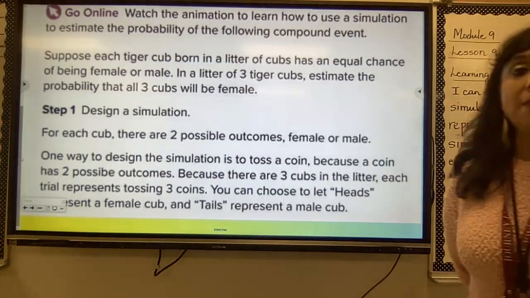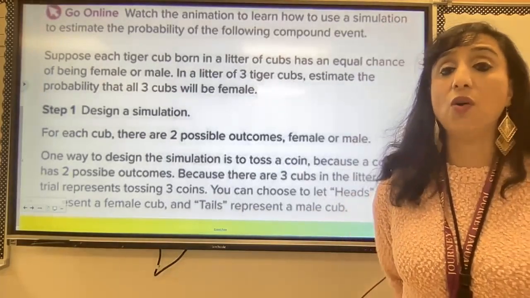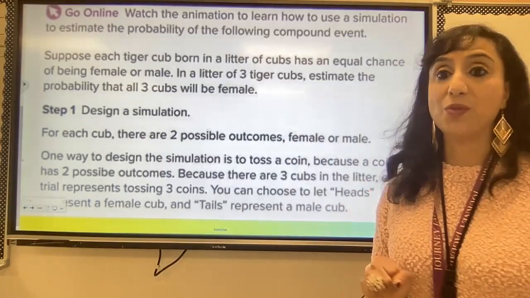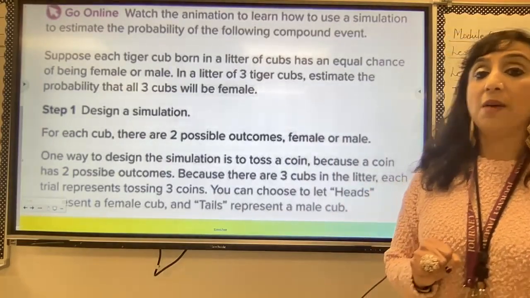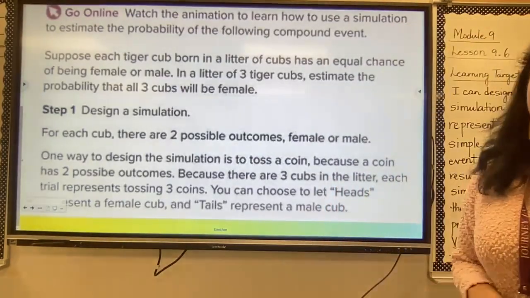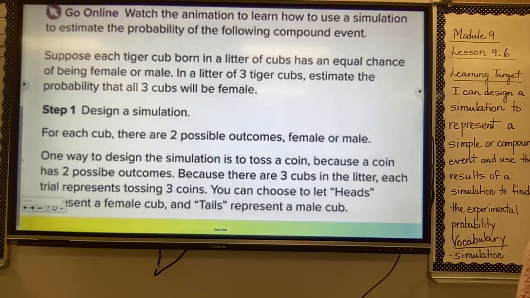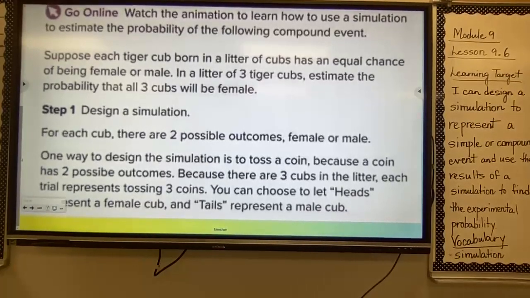For each cub, there are 2 possible outcomes: you can have female or you can have a male. Since it's just 2 options, the best way to design a simulation is to toss a coin, because a coin has 2 possible outcomes. Because there are 3 cubs in the litter, each trial represents tossing 3 coins. You can choose to let heads represent a female cub and tails represent a male cub.